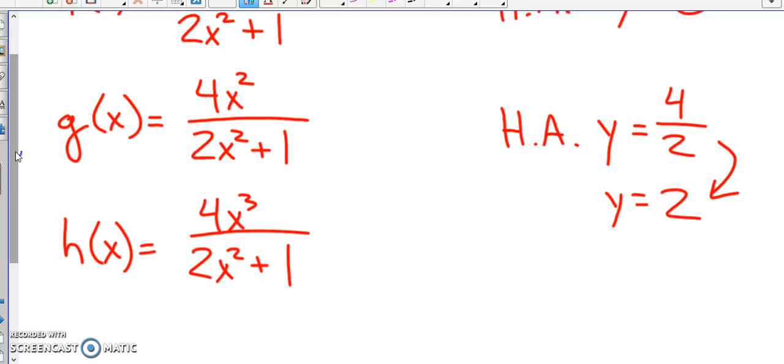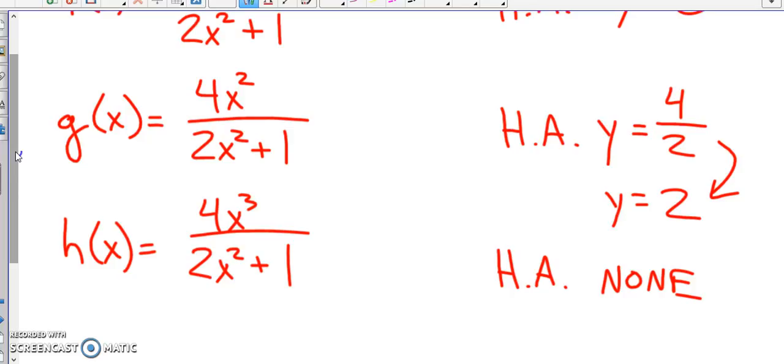So what can you tell me about this one? It doesn't have a horizontal asymptote because the degree of the numerator is higher. Now that's not to say it doesn't have an asymptote, because it does.